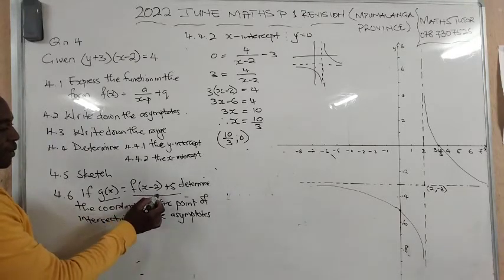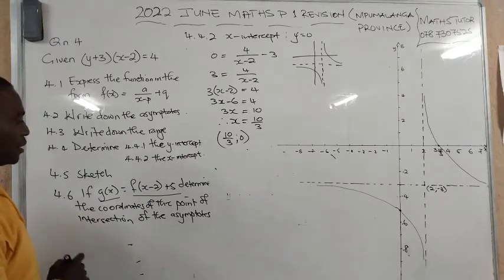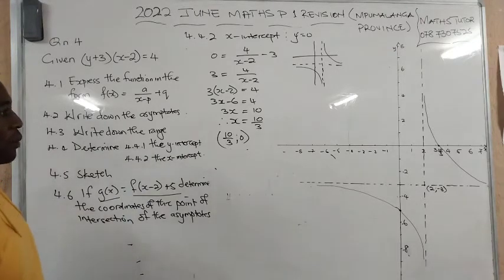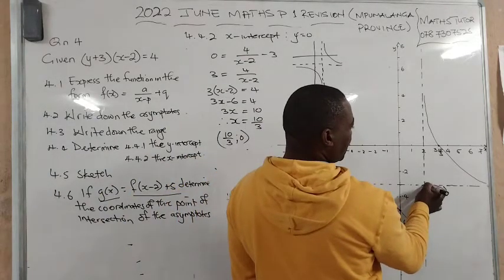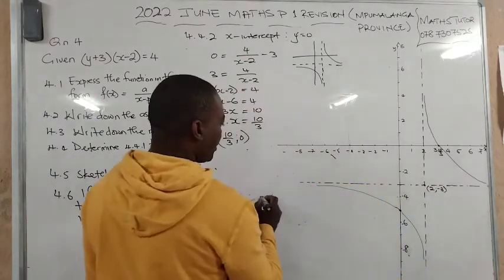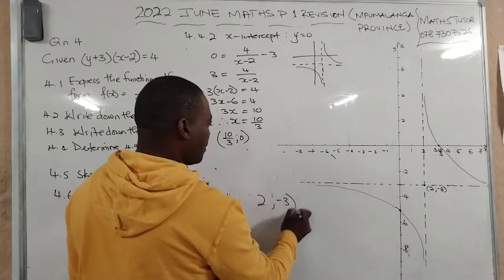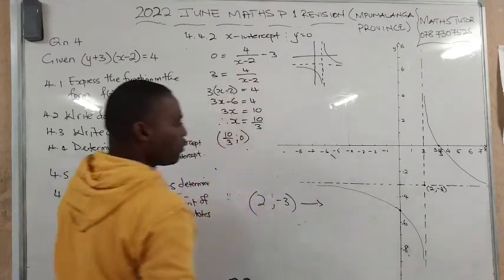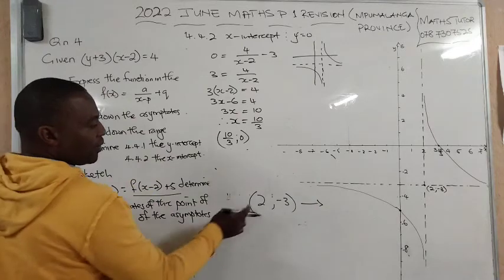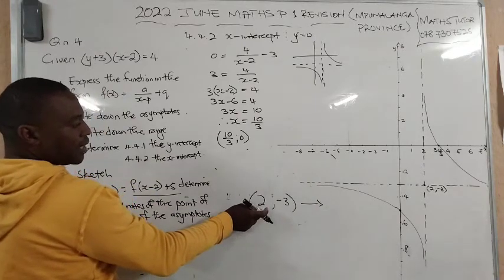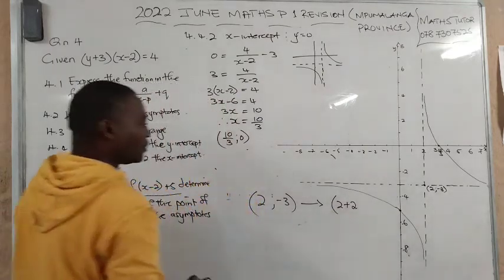Now x minus 2, that is a horizontal transformation of 2 units to the right. So the point of intersection of the asymptotes is here at (2, -3). If we move this point 2 units to the right, it is the x coordinate that is affected. That means it will be 2 plus 2.